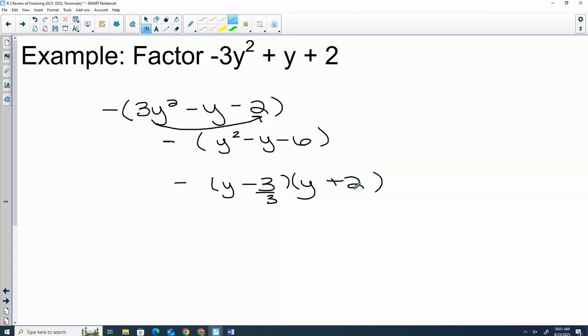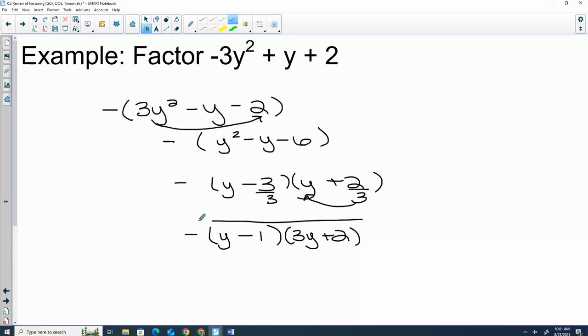And we divide our 3 back. So 3 divided by 3 is 1, so it's just a y minus 1. 2/3 doesn't reduce, so you slide the 3 back in front of that y. So 3y plus 2. And the negative that we took out at the beginning just stays in front.